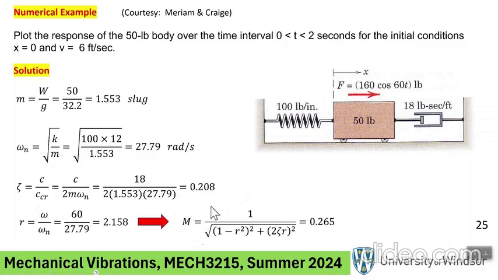And why do we need this big M? Because it gives us big X. Big X is simply F naught, big F naught, 160, divided by K times this M. Okay, let's move on, right there. So we get this number, these are all in feet.